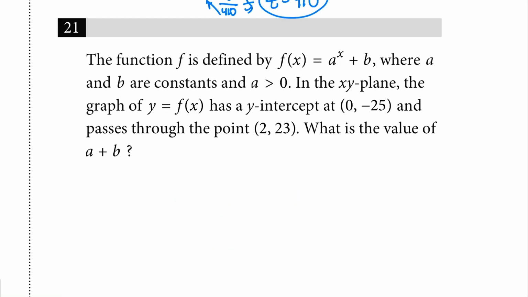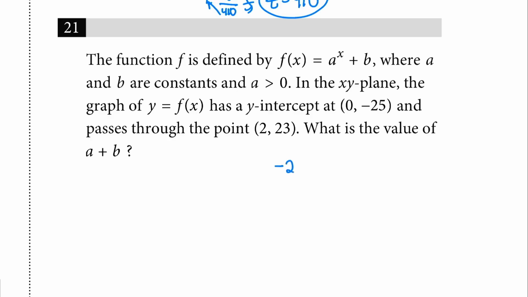The function f is defined by f of x equals a to the x plus b, where a and b are constants and a is positive. In the xy plane, the graph of y equals f of x has a y-intercept at 0, -25, and passes through the point 2, 23. What is the value of a plus b? Let's go ahead and plug in our y-intercept and see if we can solve this equation.